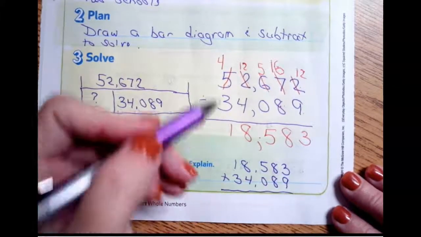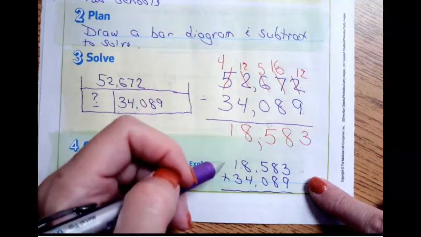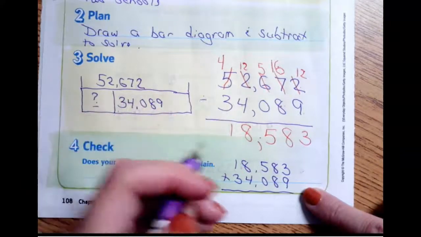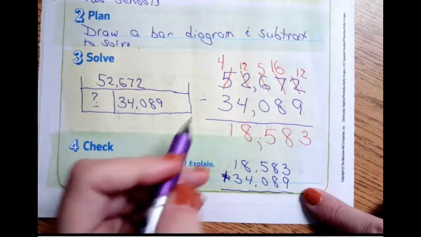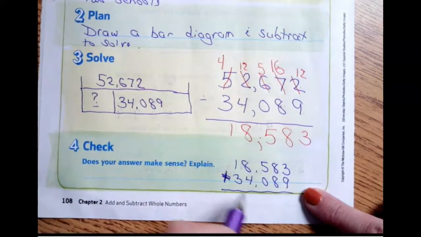Again, real quick, check to make sure that your numbers match up. 18,583, 18,583. 34,089, 34,089. And I'm doing the opposite operation because you know opposite of subtraction is addition. And after I add this up, it should equal this guy up here.